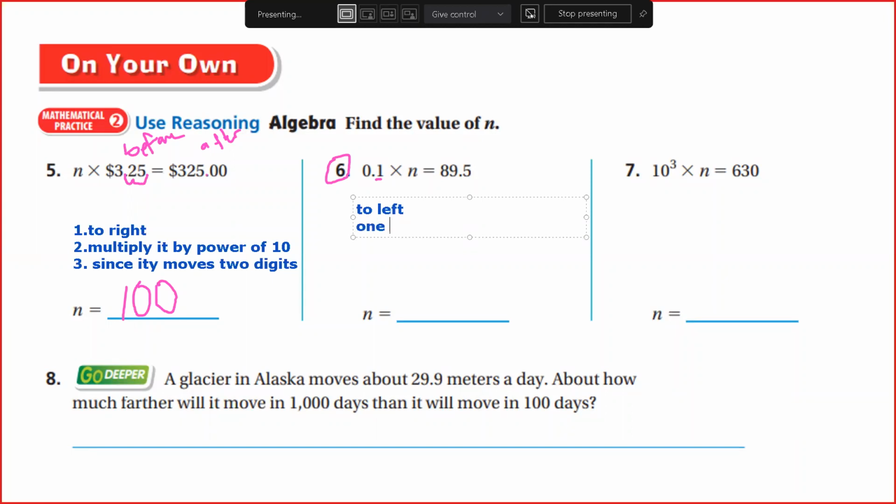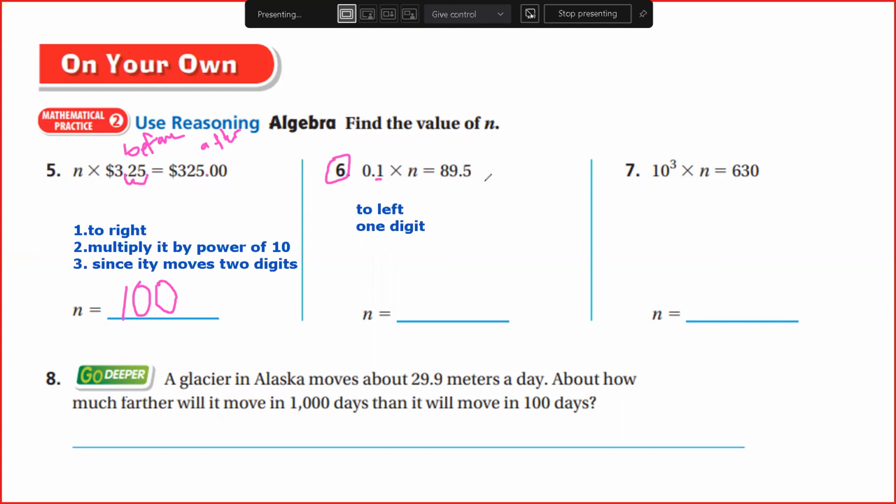So Lana told us that you have to go to the left with 1 digit. So now, let's go back. Lana, can you tell me what the number was? When I multiply this number by 0.1, I get 89.5. So what was the number? You told me that you moved the decimal point to the left.